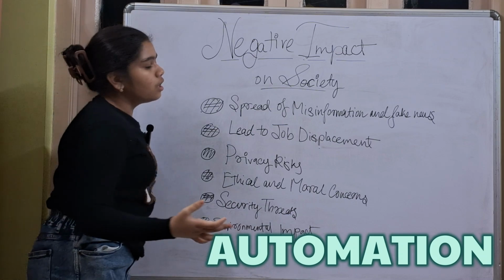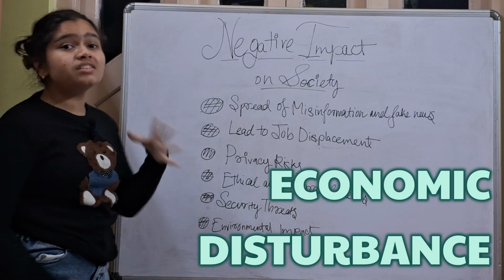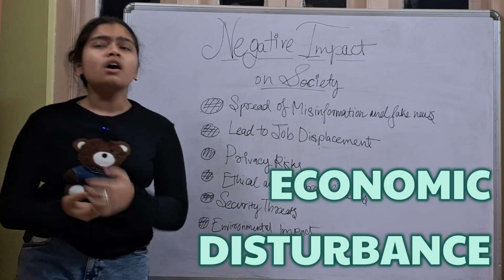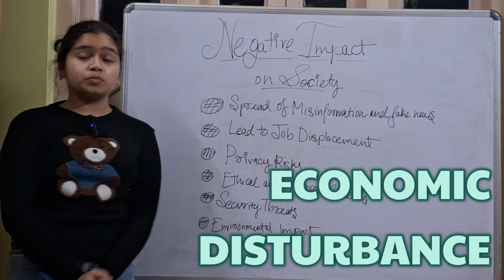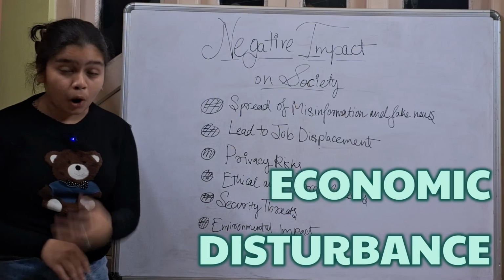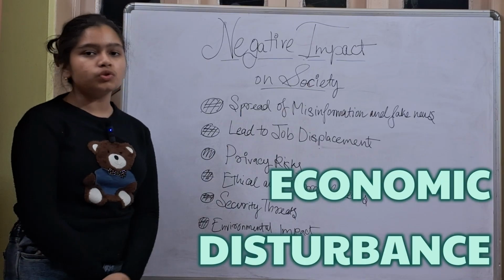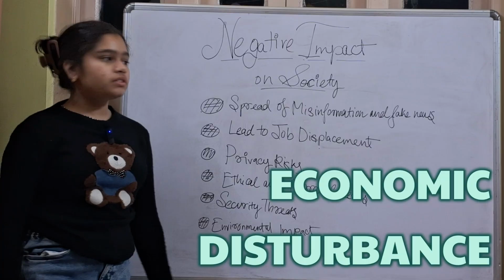That is why it leads to job displacement. And it also causes economic disturbance, because many people, especially in the IT sector, face a crisis of jobs, because AI has come, it's replacing everyone, so more unemployment is seen.